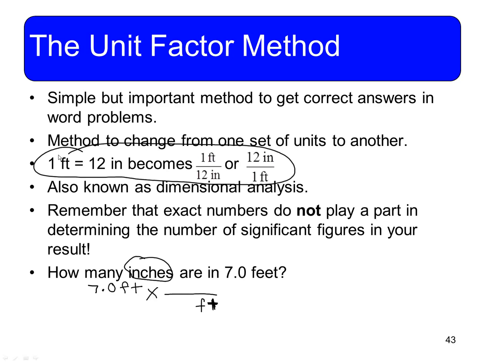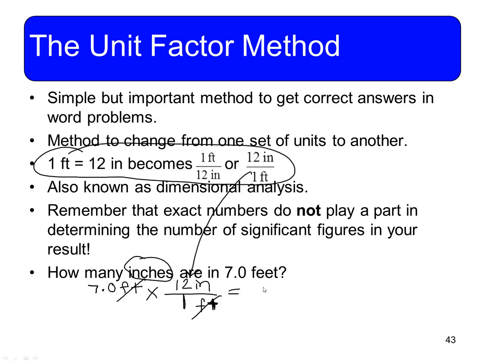Second, because feet is in the denominator. So we're going to plug in our 12 inches in 1 foot. Our units cancel, so we end up with 7.0 times 12.